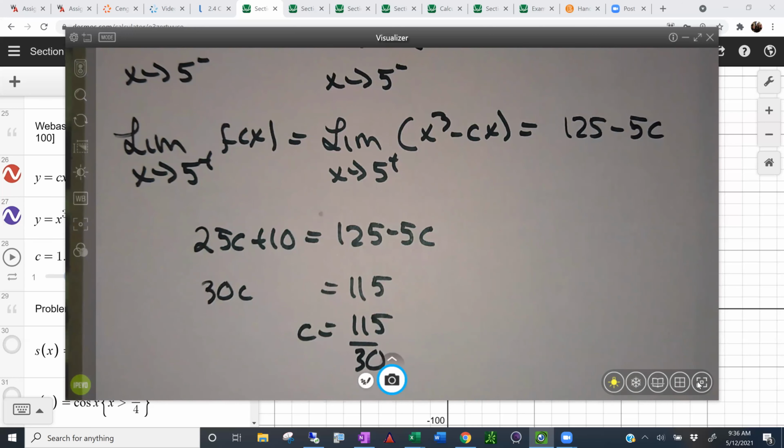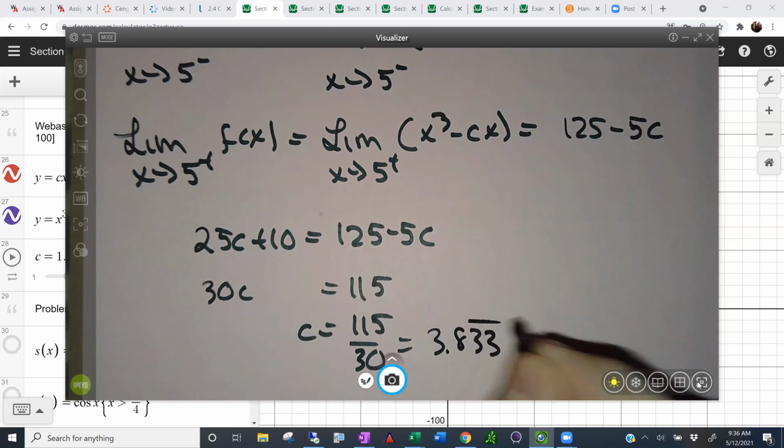And we can put that in lowest terms if you want. I don't really care. I don't think WebAssign is really going to care either. Let's just get a numerical value for that. So 3.833 bar.